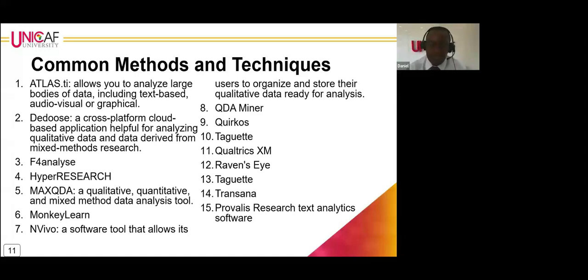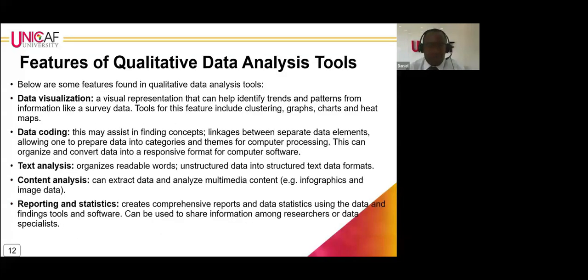We will get into each one of these in detail so that you see the steps that you can follow in inputting the data and in how you get your data analyzed using any one of them. Thank you. What are the features of most of those methods and techniques?